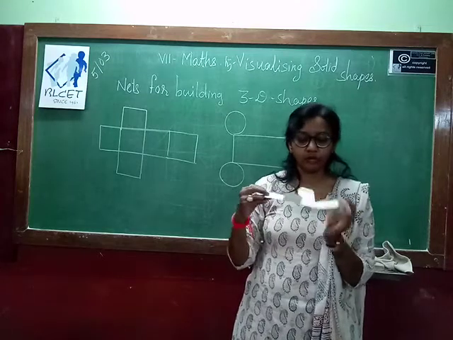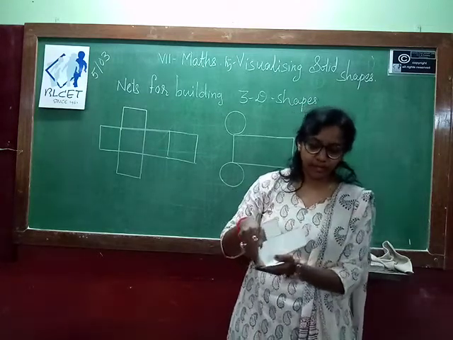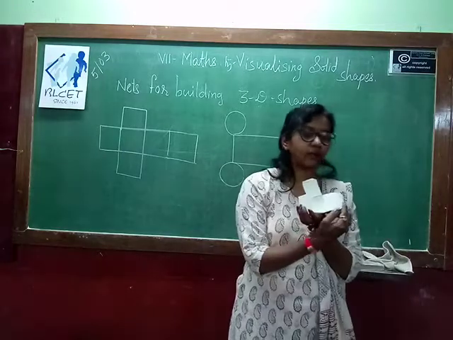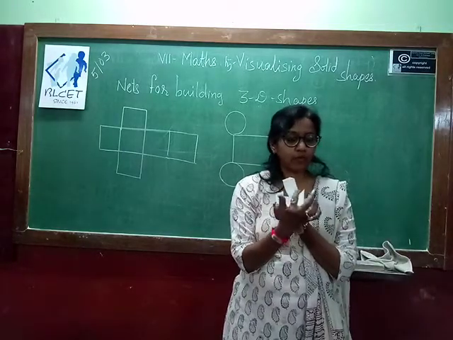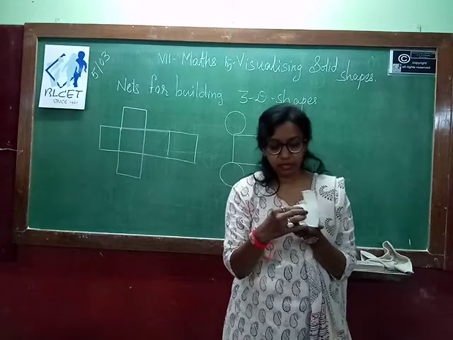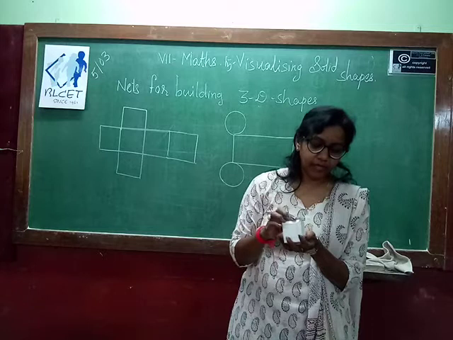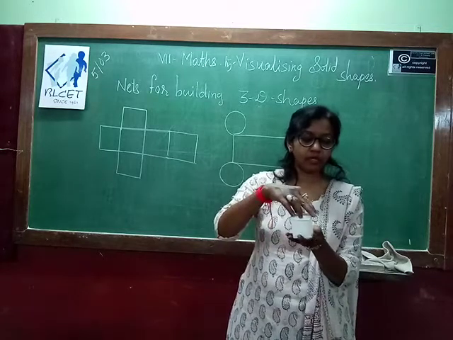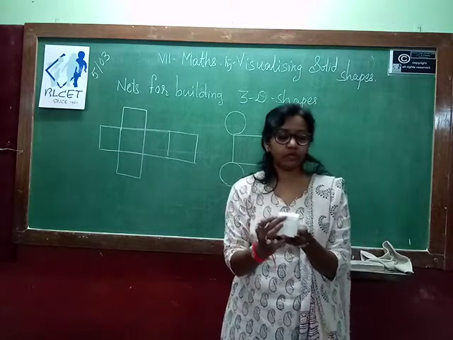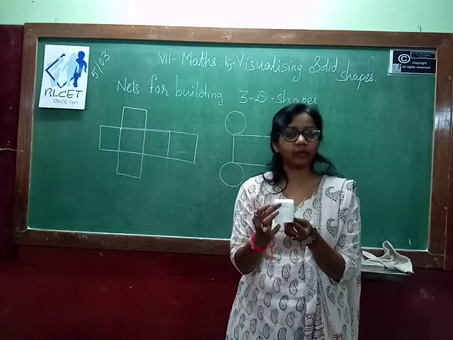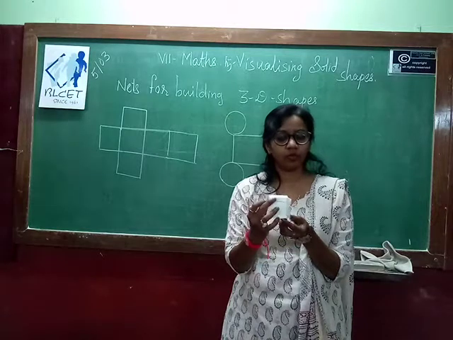Then you have to fold and stick the shapes. This is the extra portion I have kept so that you can paste the whole shape like this, and from above like this. So this becomes your cube.